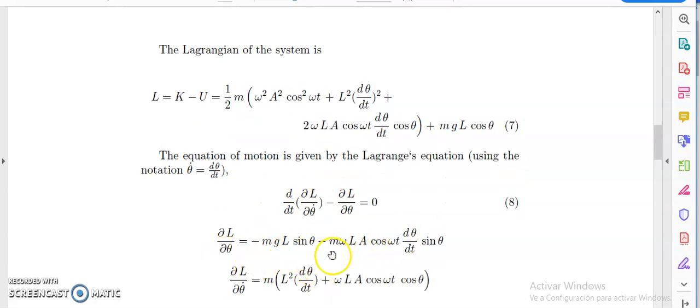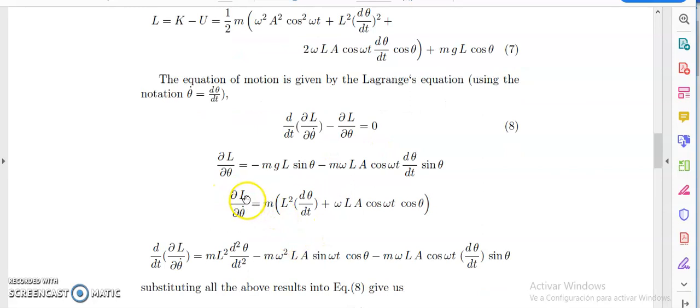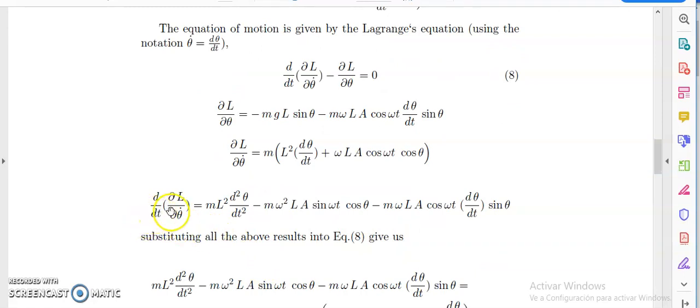We do all the calculation. Here are the calculations for each of these derivatives.